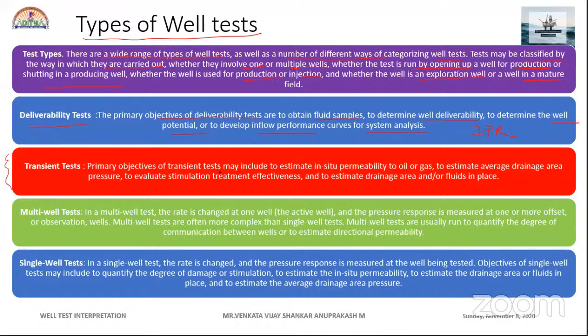The primary objectives of a transient test may include estimating the in situ permeability to oil and gas, and the drainage area. Next, evaluate the stimulation treatment, like you have done a fracturing job or some cleaning is done. What is the change in the effectiveness of the treatment? So to estimate the drainage area and fluids in place, we will use transient tests.